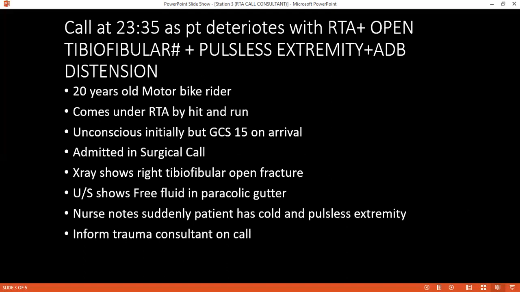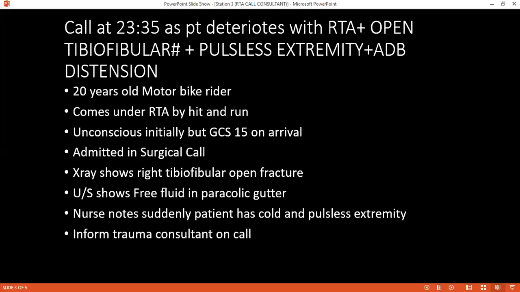How would you take care of the compartment syndrome? So the conservative management, you'll take care of that. And then since there is free fluid, then you'll also rule out any intra-abdominal injury. So if there is abrasions or anything, you'll make sure which viscera can be injured.